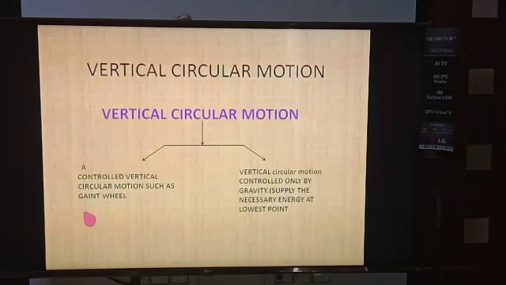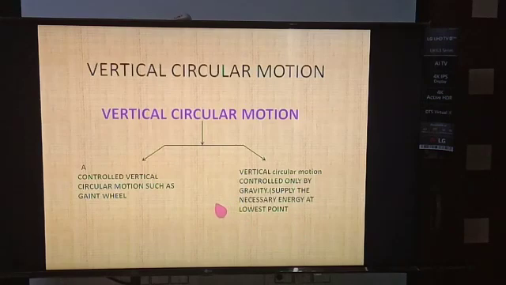When we discuss actual vertical circular motion, there are two main types of vertical circular motion. First type is a controlled vertical circular motion such as a giant wheel, and second one is vertical circular motion controlled only by gravity.